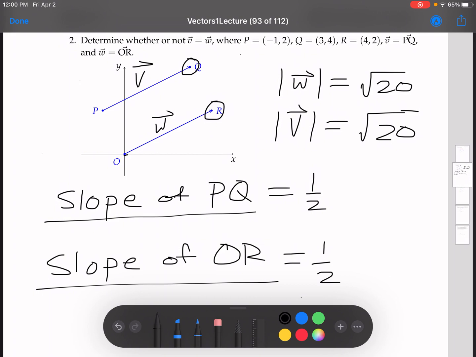If instead the initial point of V was there, and it went like that, then we could see immediately that they don't point in the same direction, because this one goes that way, that one goes that way. But that's not the case, right? They both go in the same general direction that way, and their slopes are equal.